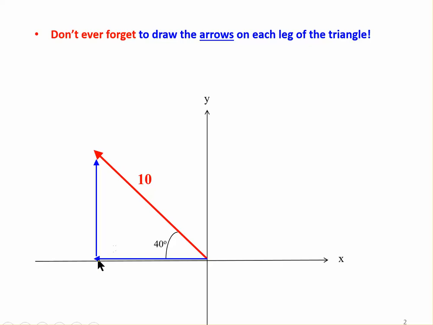And so you need those arrows for these to be vectors. Moreover, if you forget to draw the arrows and you just draw a line here and another line there, chances are you're going to screw up some minus signs a little bit later on, as I'll point out. So it's very important to make sure you have those arrows on each leg of your right triangle.